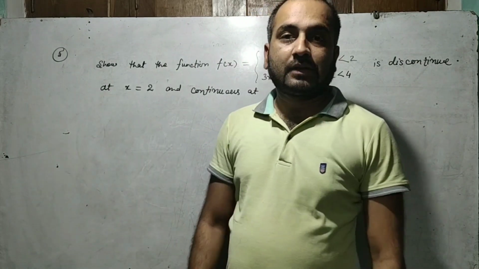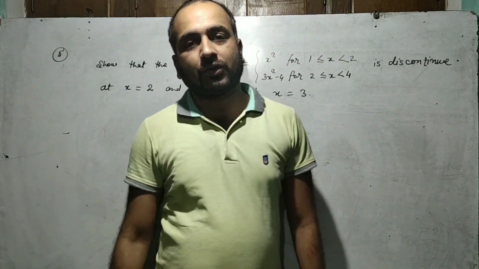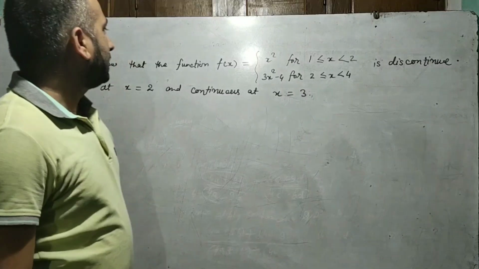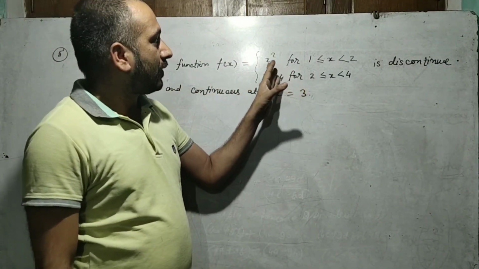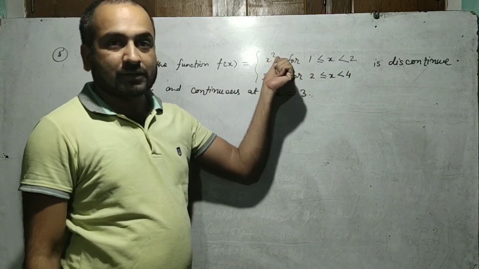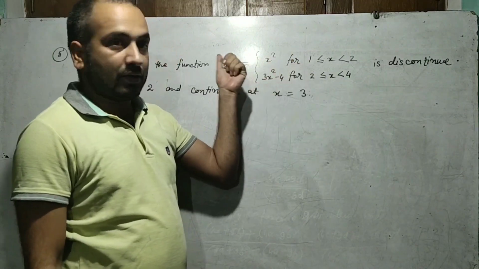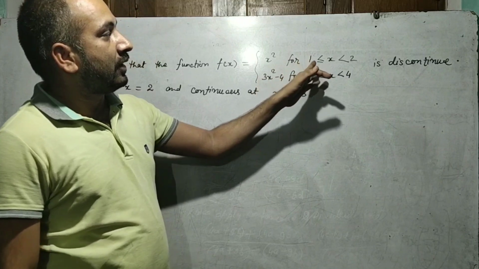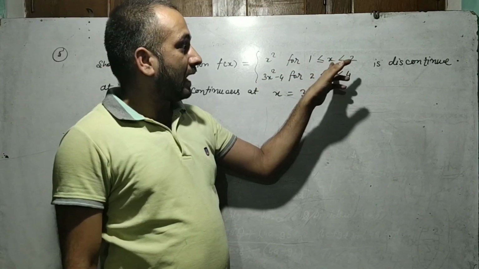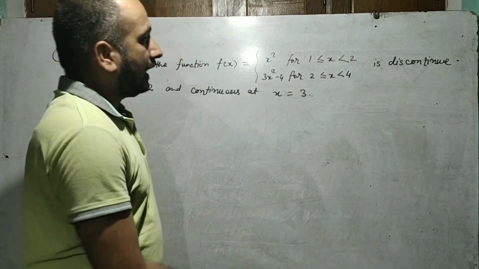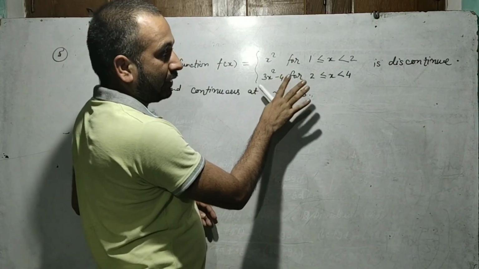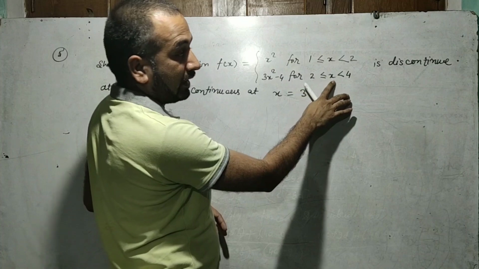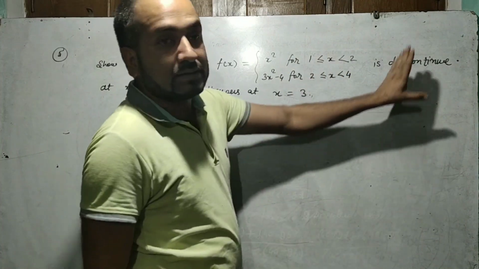The question is also related to the continuity topic. The function f(x) is x square for 1 ≤ x < 2, and f(x) is 3x square minus 4 for 2 ≤ x < 4.